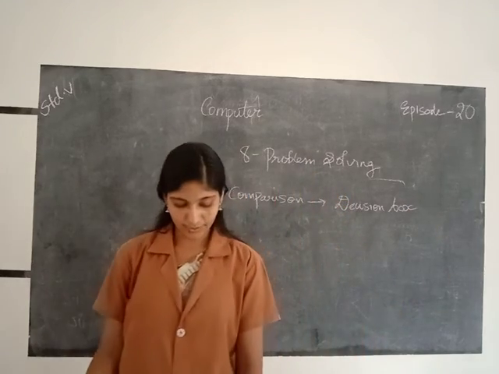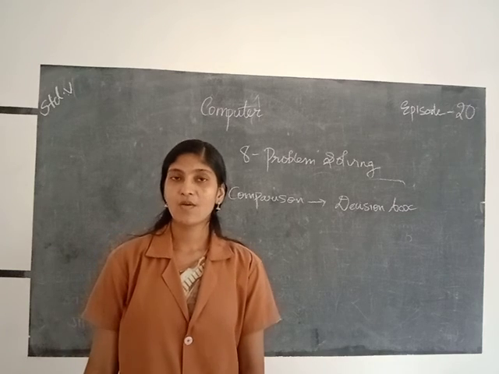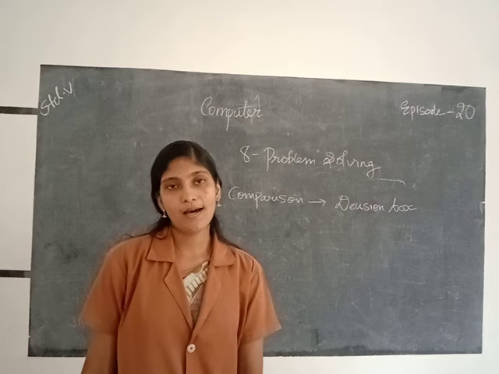Then third one, what is a flow line? A flow line means a line which directs the flow from one box to another box.